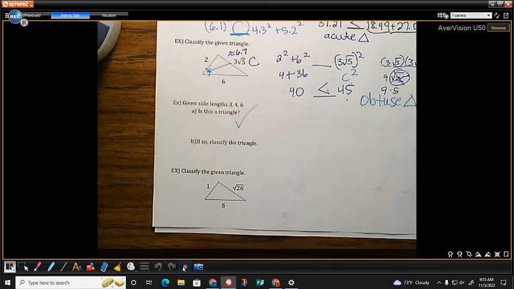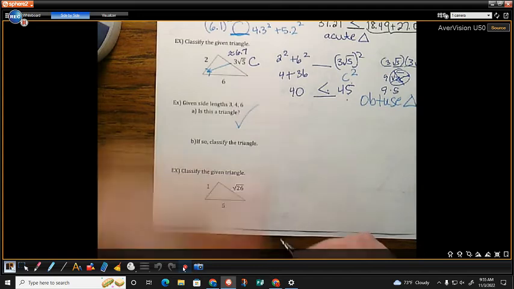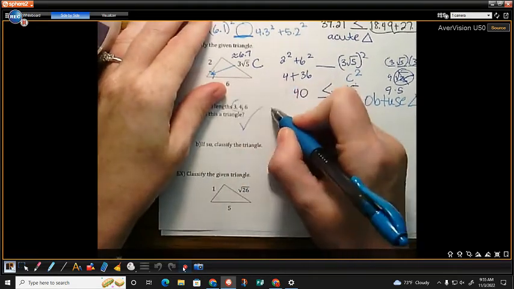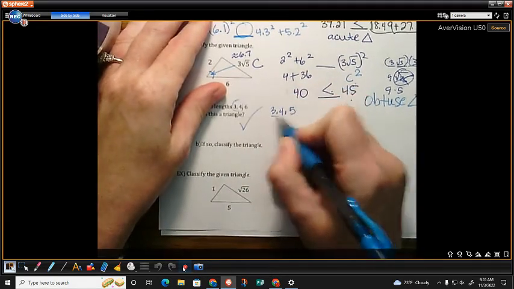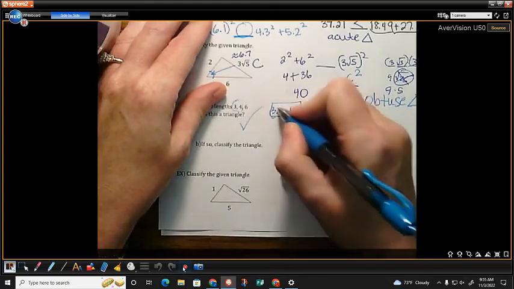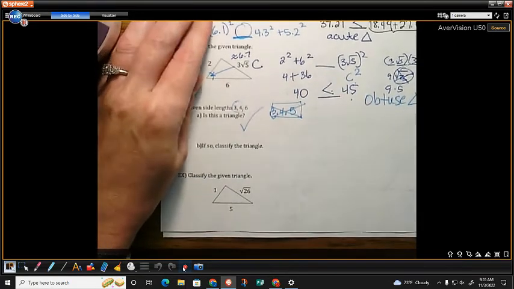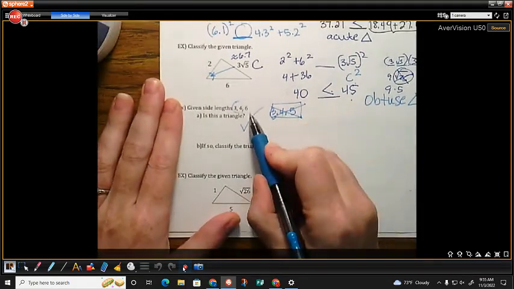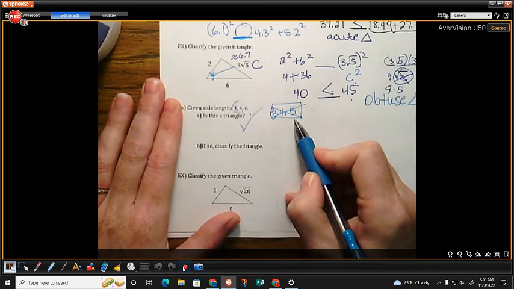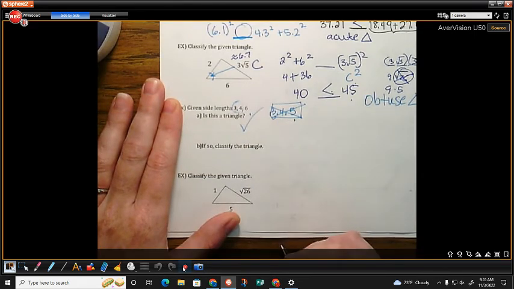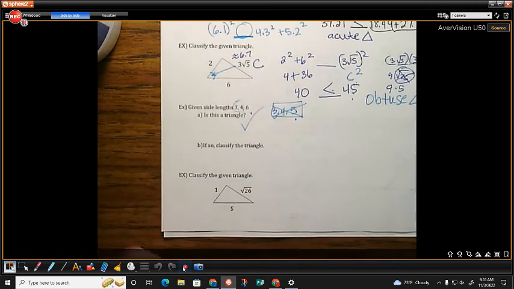I can do it without even adding. Is it right? No, it's not right because 3 and 4 have to give you a 5 to be a right triangle. And so since C here is bigger than C there, I'm going to go with it probably being obtuse.